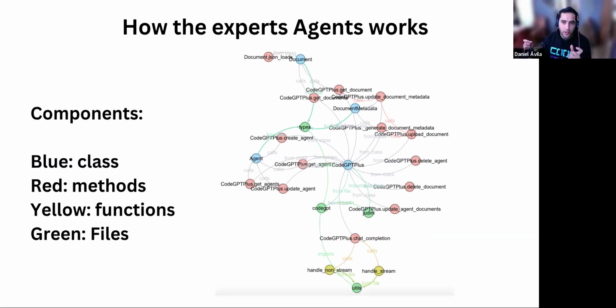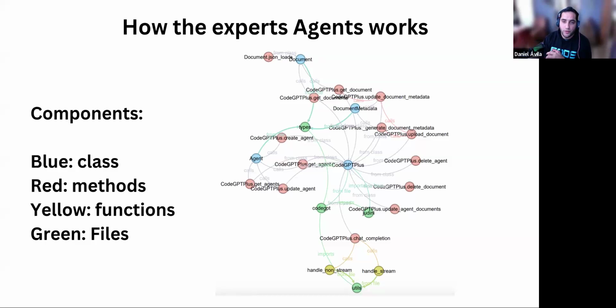Here we have the class, the method, the function, and the files, and everything is connected. So we cannot use a vector database with chunks to get the full information from a repo, because you could cut some function or some code, and the LLM is not going to be able to get the full context.